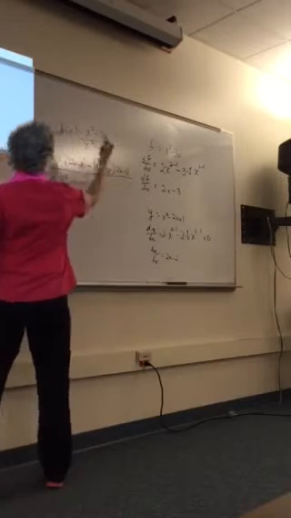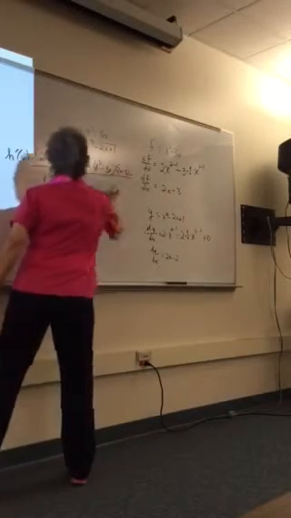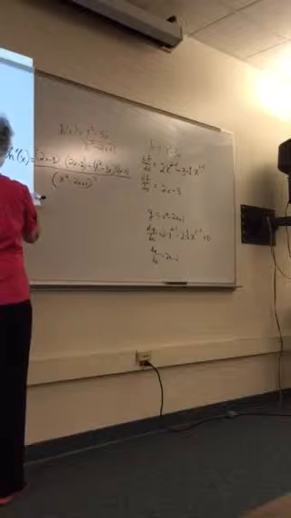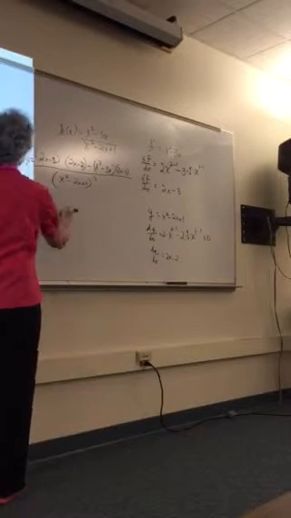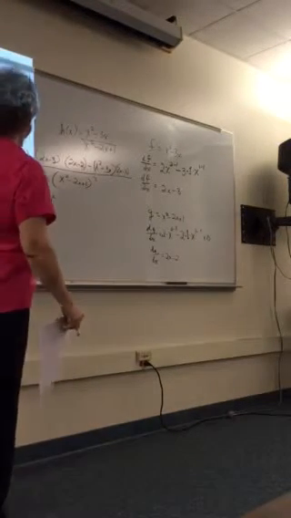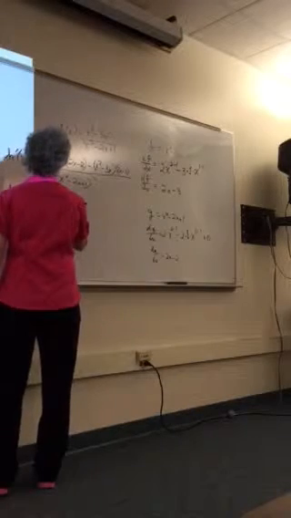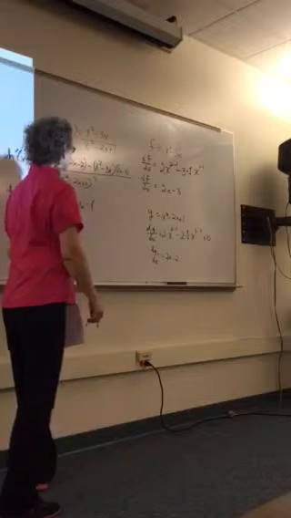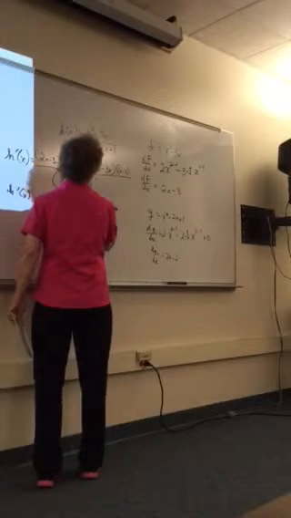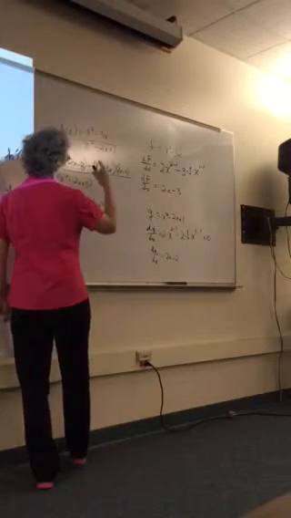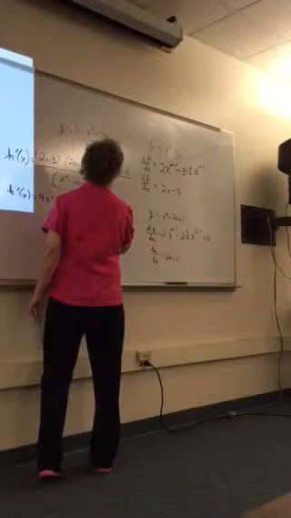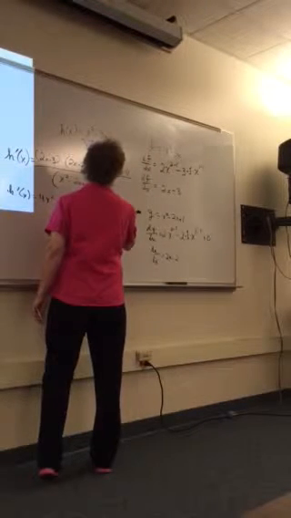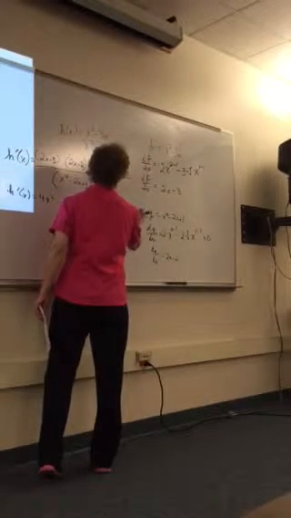Foil that, foil that. 4x squared minus 4x minus 6x plus 6. There's no way I can do all that. Let's see, 2x cubed minus 2x squared minus 6x squared plus 6x.